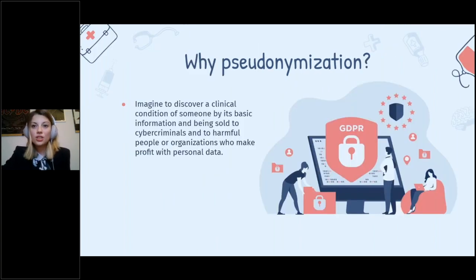And why are we talking about pseudonymization? We saw some scenarios with data involved in breaches. Imagine discovering a clinical condition of someone from their basic information, and that being sold to cybercriminals and to harmful people or organizations who profit from personal data.